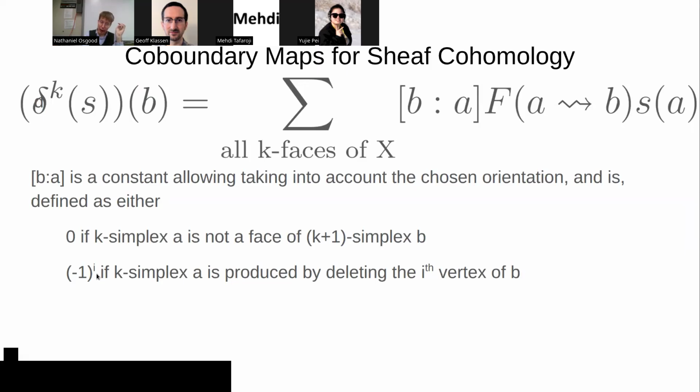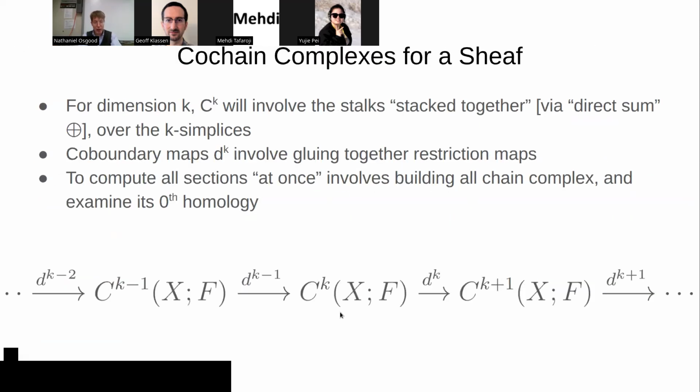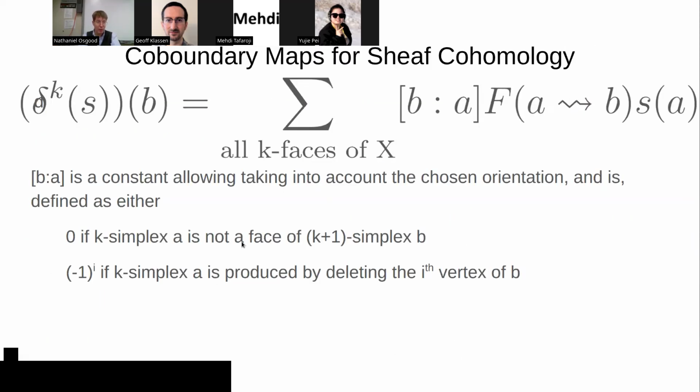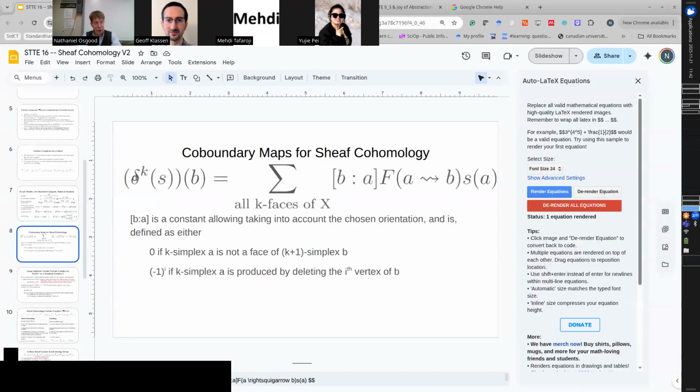This is (-1)^i if the k-simplex A is produced by deleting the ith vertex of B. So if A is a face of B, remember that whole idea of being a face of something?